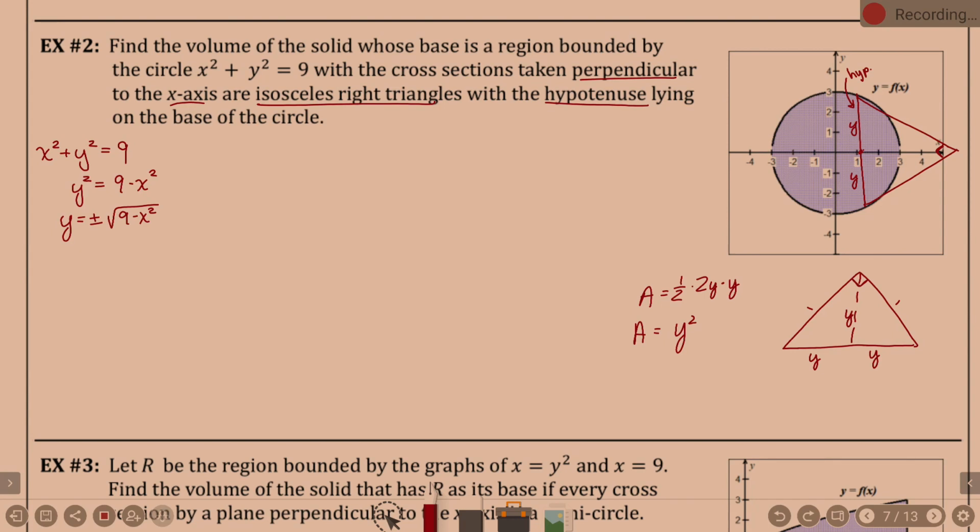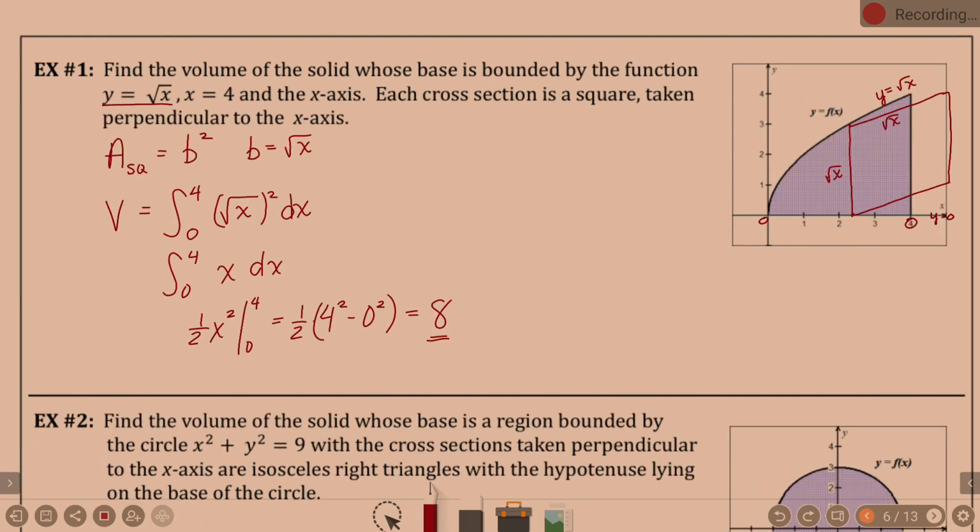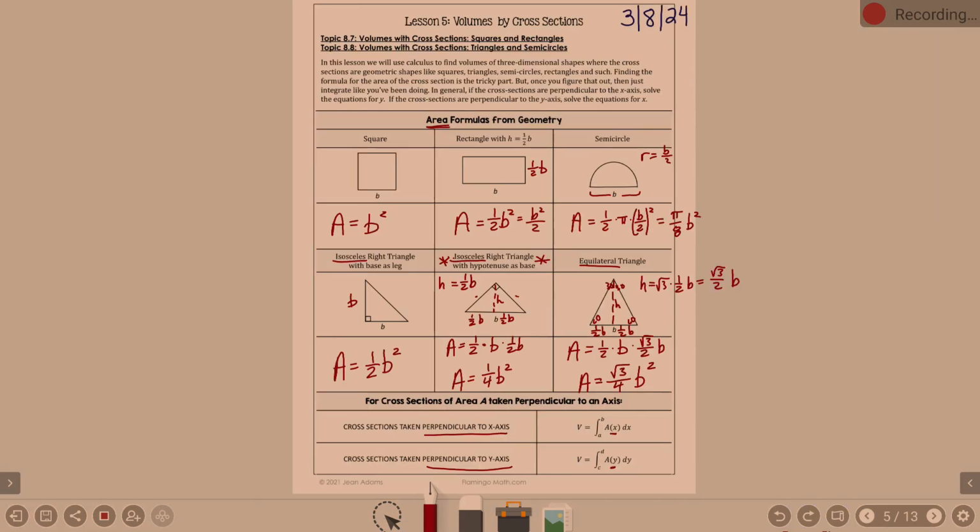Why did this area not equal the same as the other area? On the previous page? Yeah. Because the way this is set up, we're using y. So this distance is 2y, and on that other one, the entire distance across was b.